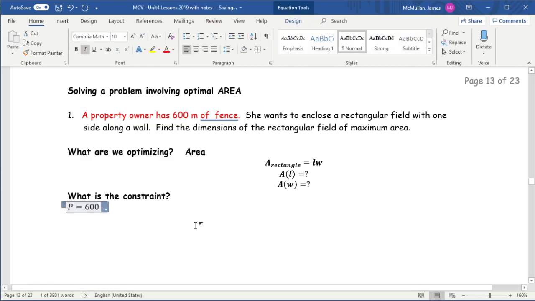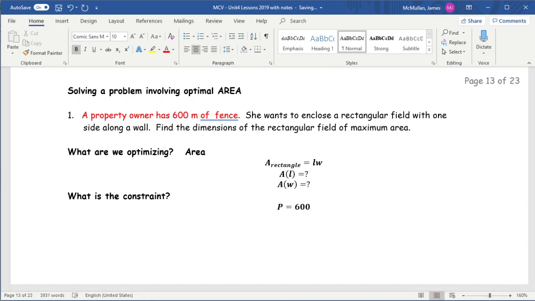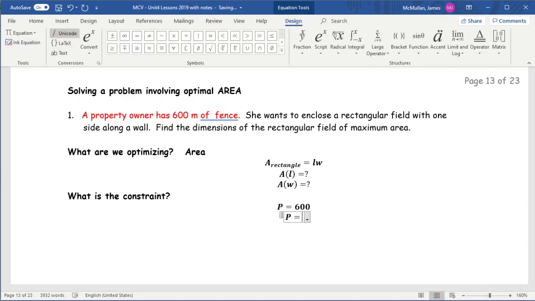That's our constraint equation, and it's going to interact with the area equation to allow us to create an equation using only one variable. So what's another way of writing the perimeter here? There's a single length, I don't need the other length because it's covered by the wall, and there are two widths. So I can say L plus 2W equals 600, and therefore L equals 600 minus 2W.